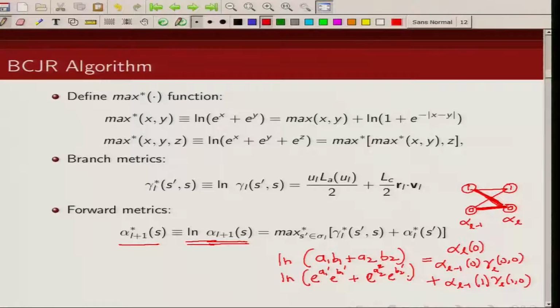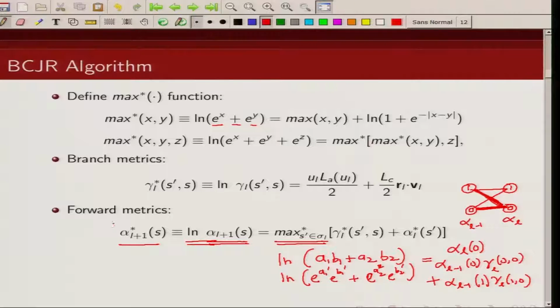When we take the log of these summation terms, we get this max star operator, and the product terms, when we take the log, become summation.